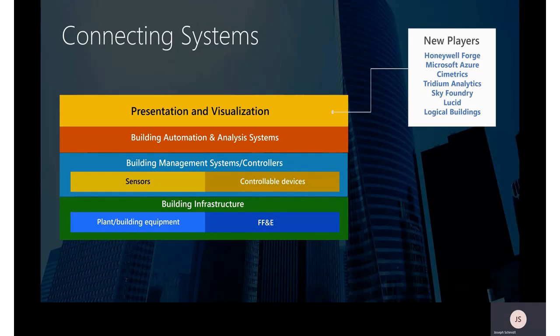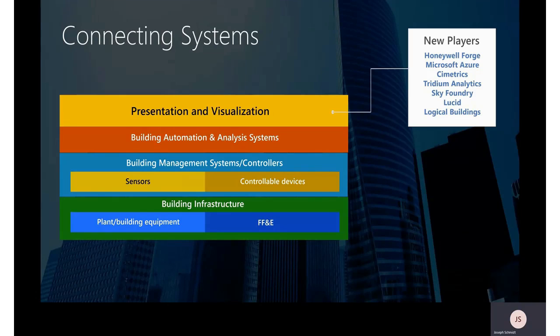So for example, Honeywell Forge can take your traditional building systems of your fire alarm, your security system, your HVAC control system, and connect it with your operating system. So for example, they have an example out there of working with SAP. So those two now interact, and you can start making financial decisions and understand how those financial decisions ultimately impact your building operations, or vice versa.